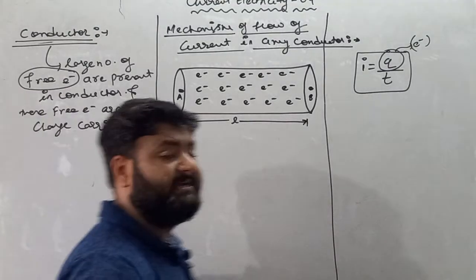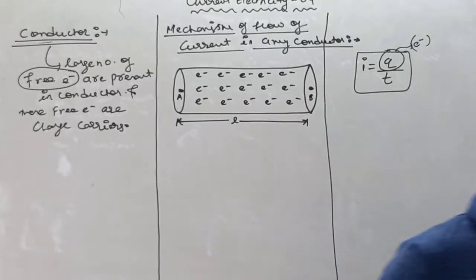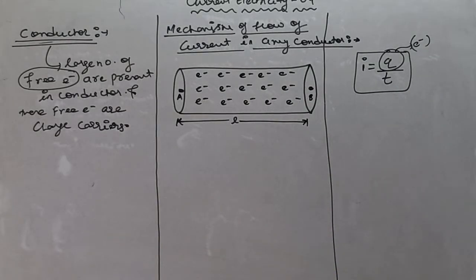Due to these free electrons, current is able to flow in a conductor. As we know, in an insulator no free electrons are there, hence no current flows across the insulator.